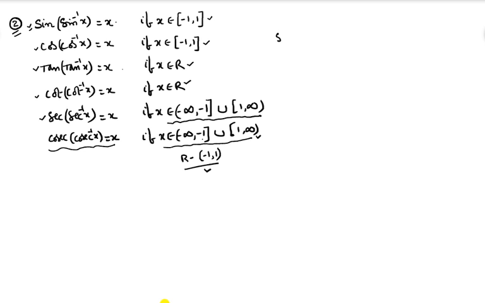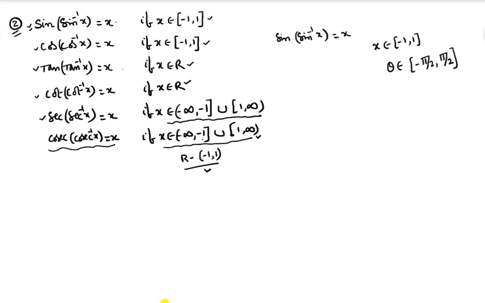Now I want to prove one particular idea. Observe here, sin of sin inverse x is equal to x, I want to prove. No doubt we have the information that x values belong to minus 1 comma 1. Whenever x values belong to minus 1 comma 1, definitely theta also lies between minus pi by 2 and plus pi by 2.